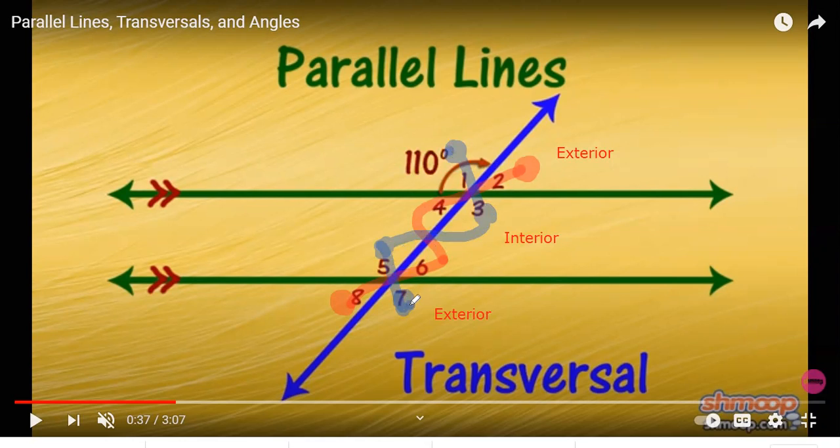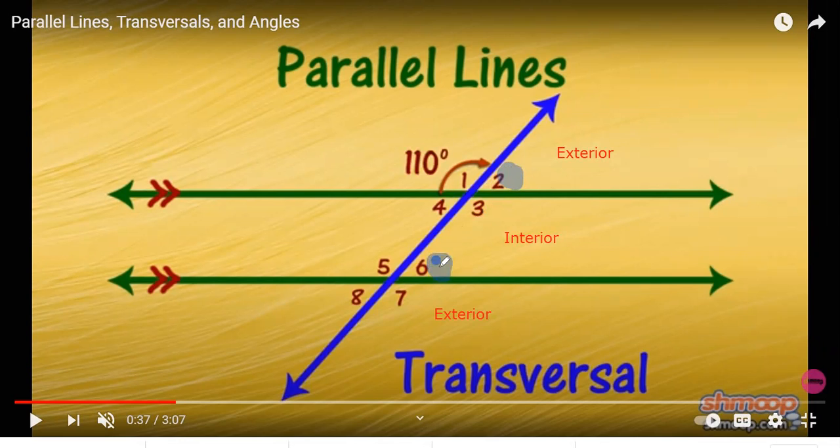The two angles from the exterior region are called two alternate exterior angles. The two angles from the interior region are called two alternate interior angles. Also, we talked yesterday about two corresponding angles, which means we have this angle, it will pass this line and be in this position.